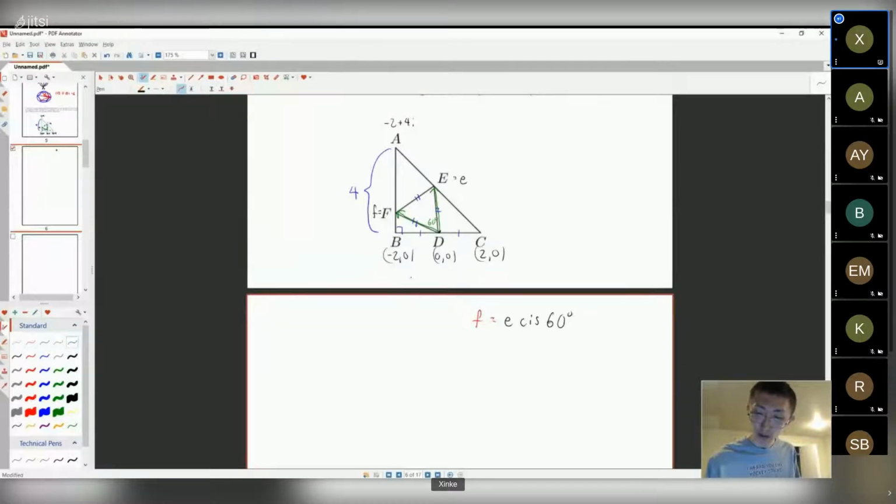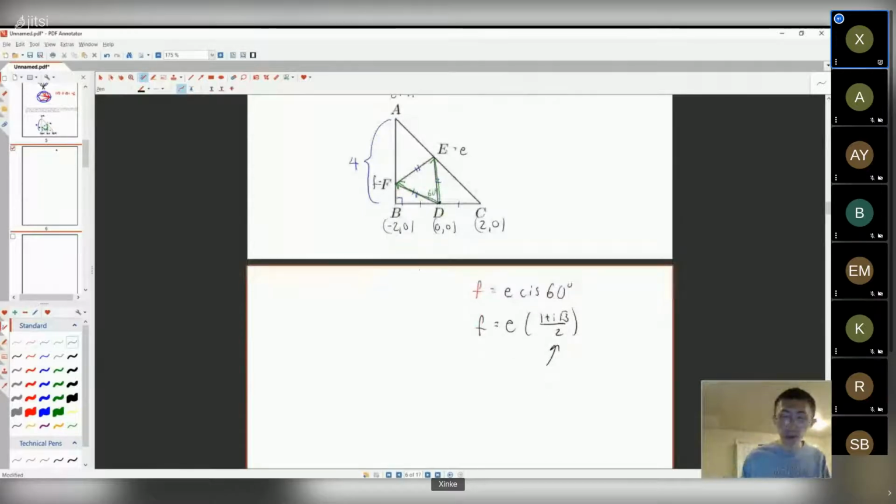So that's E times (1 plus i root 3) over 2, because we're multiplying by something with argument 60 and magnitude 1. So that's one fact we can write down. Another thing is that F, the real part of it, is negative 2.